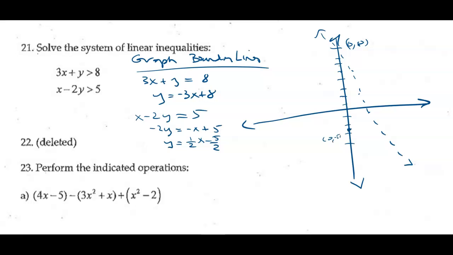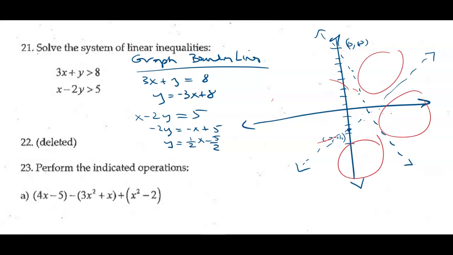That's your 0, negative 5/2. And it's up 1 over 2, up 1 over 2. So it looks something like that. You don't have to get it exact. This creates 4 regions. Do you see them? This is region 1, that's region 2, that's region 3, that's region 4. I'm going to get rid of those.